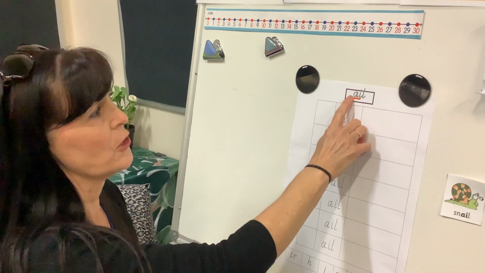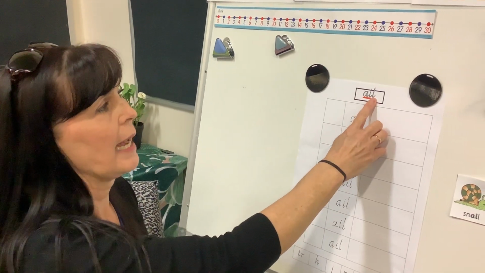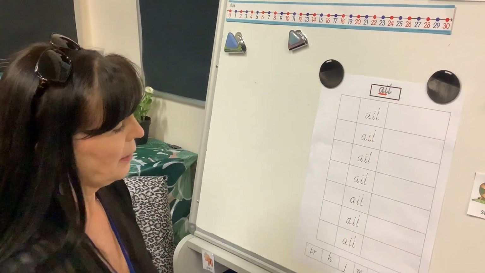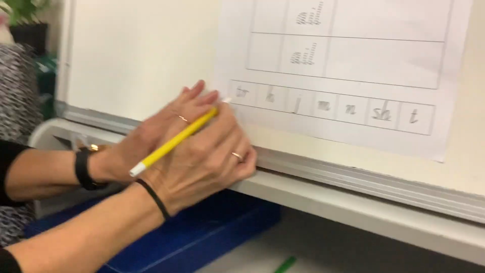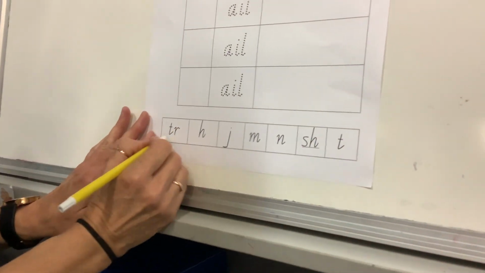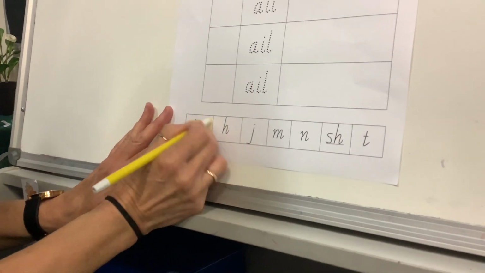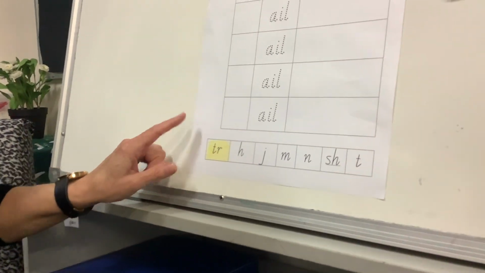So remember, it's a digraph, AI making the long A sound, and then we're also adding the OO at the end to make AL. Now if we come down the bottom and have a look at our sound boxes down here, we have got our first letters and our first sounds that we're going to bring up to make our first word.